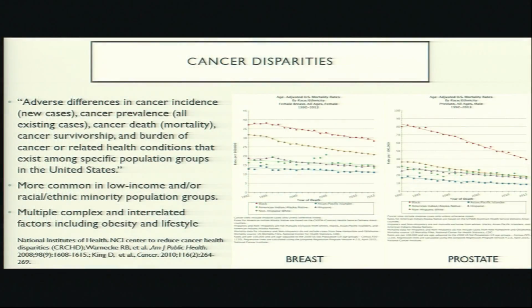So as Lucille said, I'll be talking about meeting the needs of diverse populations. And I want to start with a very quick overview about cancer disparities because that underlies much of my talk today.